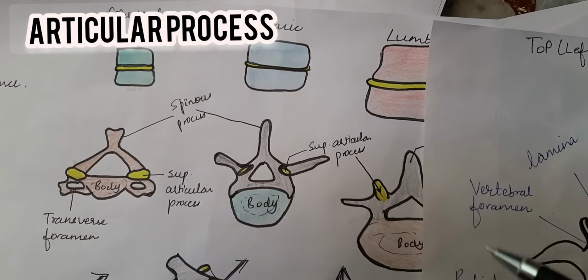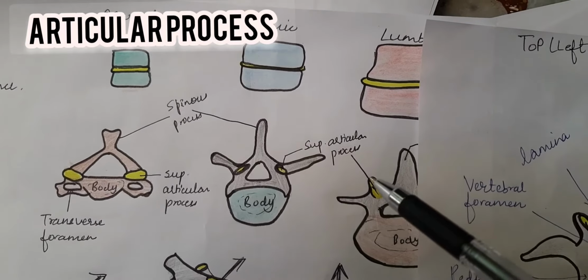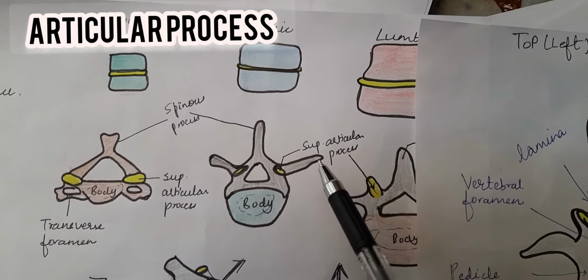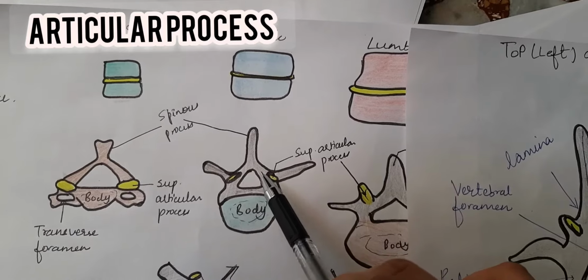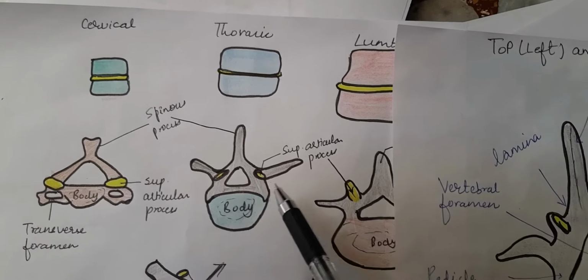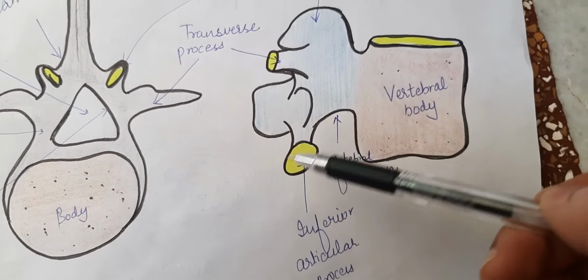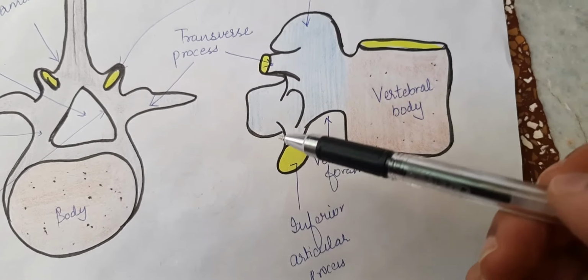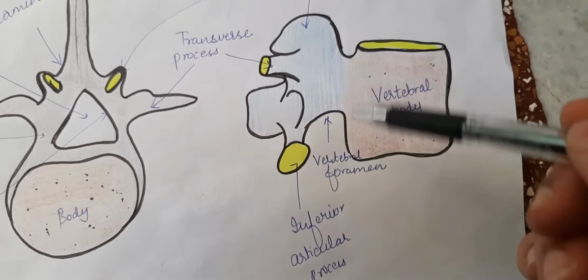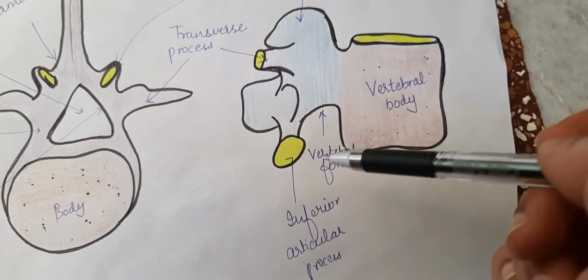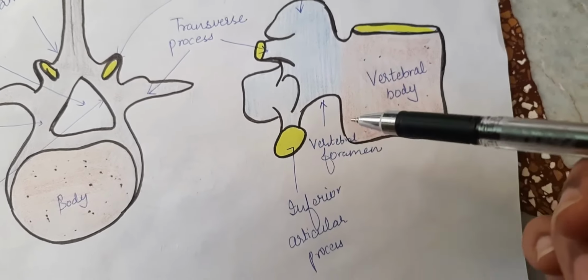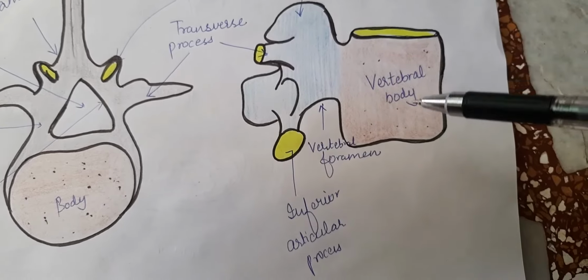If we talk about the articular processes, there are two types: the superior articular process, which you can see in this vertebra, and in the side view you can see the inferior articular process. In the sagittal plane the articular processes form a supportive column, frequently referred to as the articular pillar.